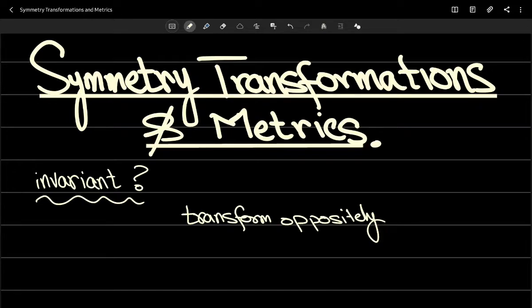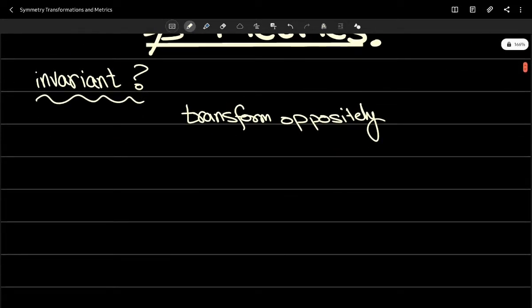So you take two objects, and they transform in such a way that one transforms in an opposite manner to the other one, then it might seem that this would give you an invariant. In fact, this is exactly what we shall do now.